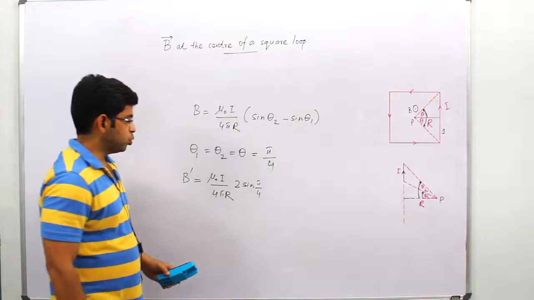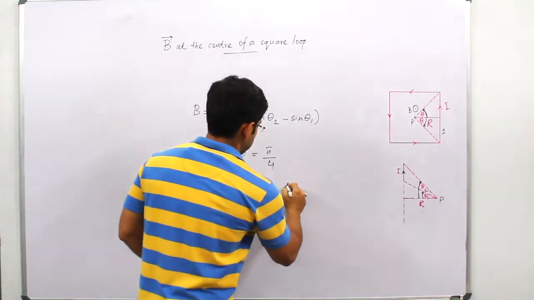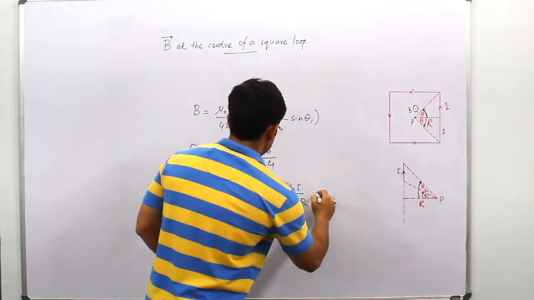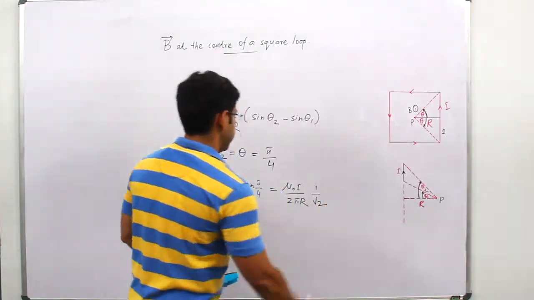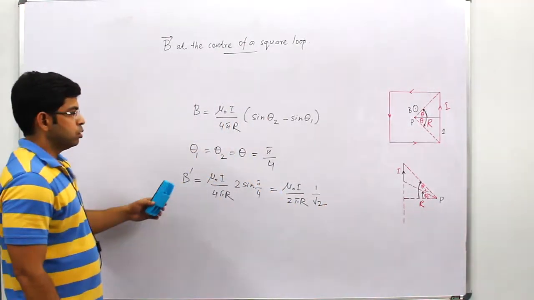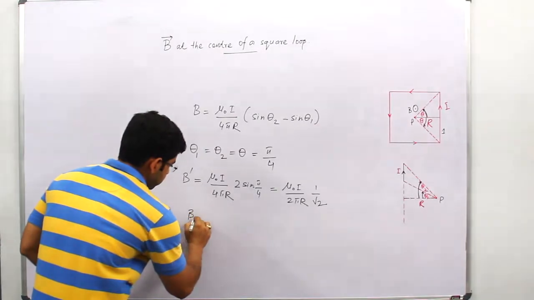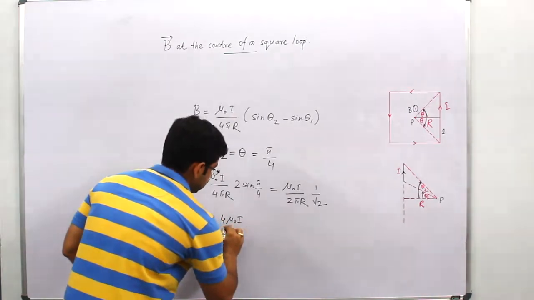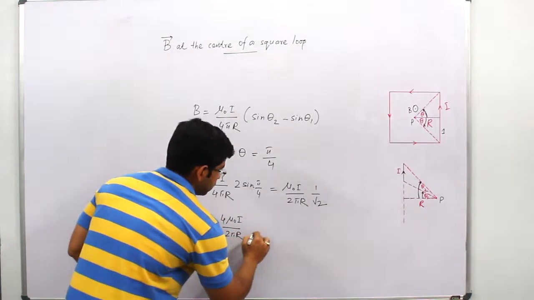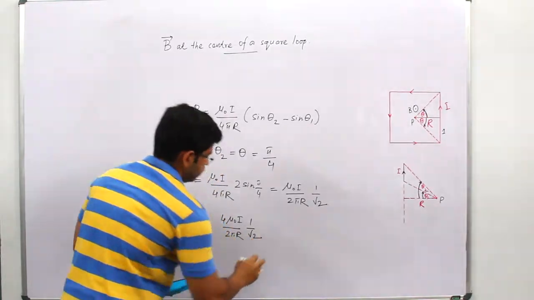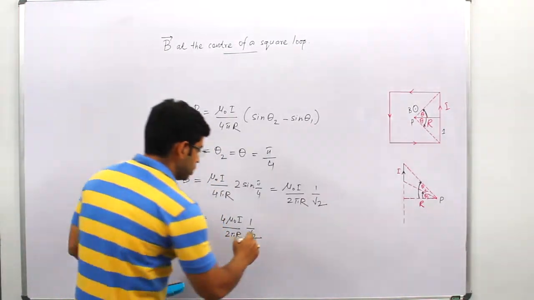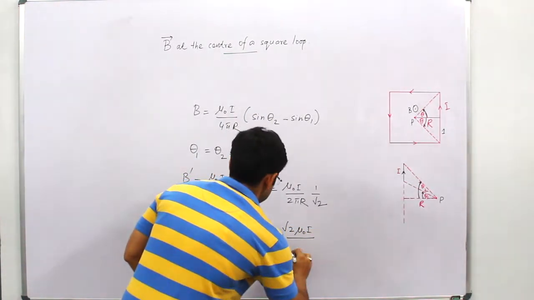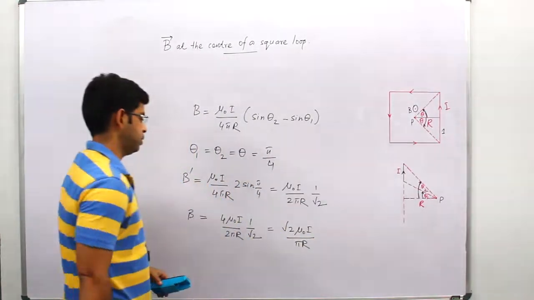So sin pi by 4 is 1 by root 2, and here we will have mu 0 I by 2 pi r multiplied by 1 by root 2. So the total magnetic field B will be simply 4 times this quantity. If you simplify this, you will get root 2 mu 0 I by pi r.